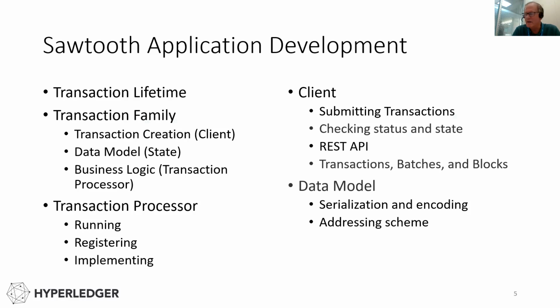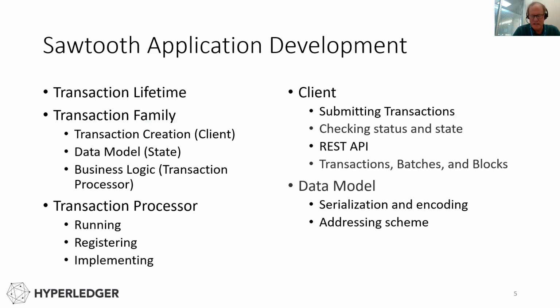The data model is defined by the application. It's usually encoded using some serialization method, usually Google protobufs, to serialize one or more items of data into one data object and kept in global state in a blockchain.